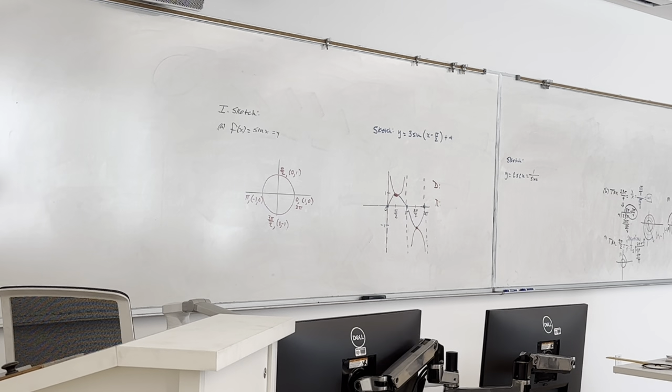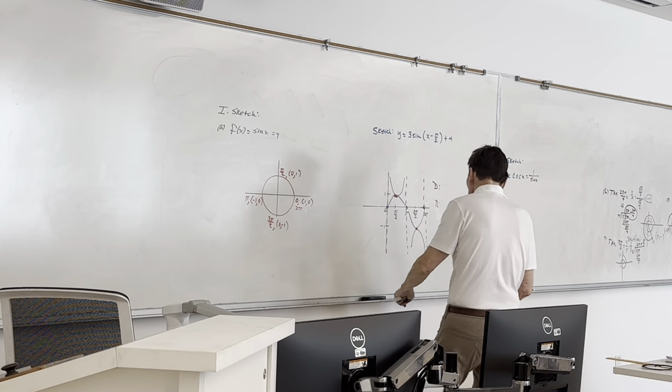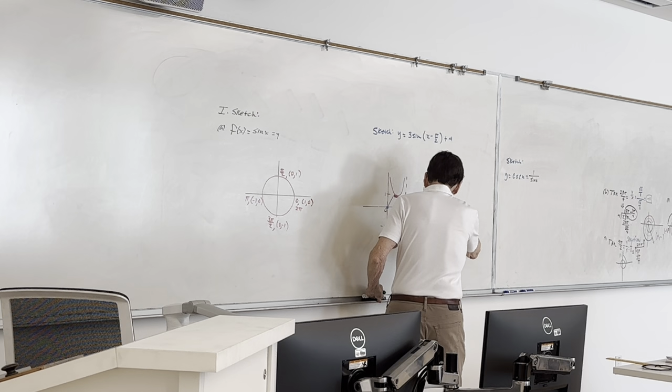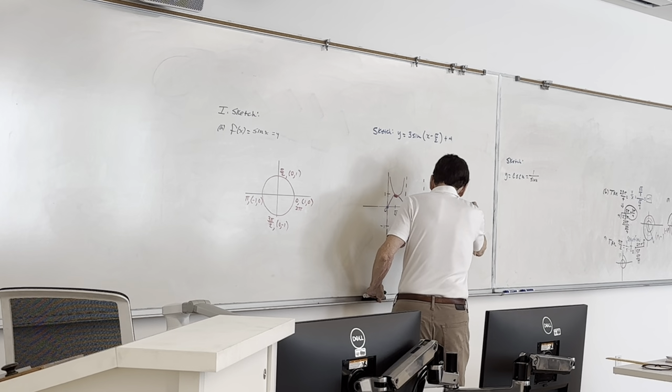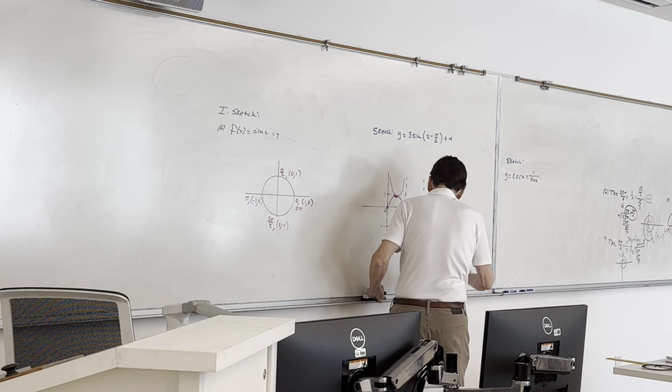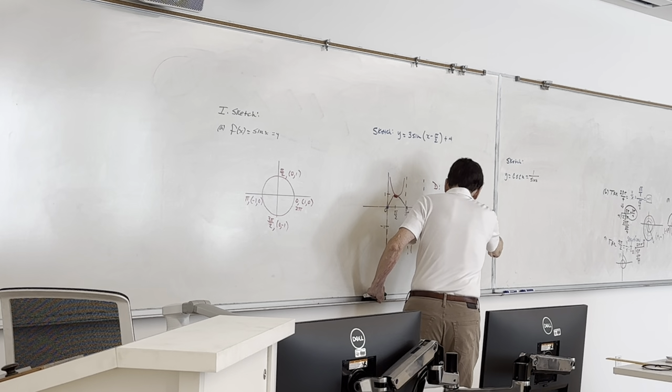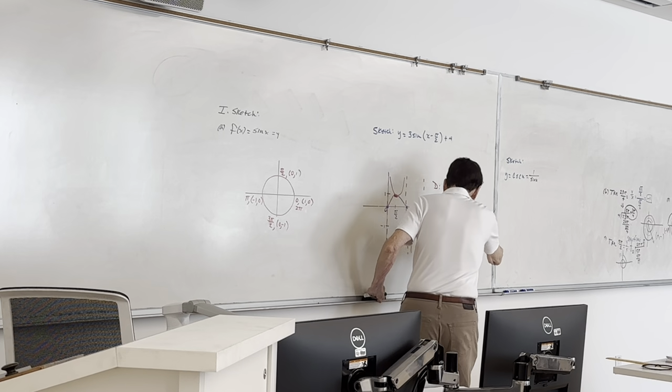How would you describe to someone the up and down on that red graph? Negative infinity up to -1, including -1, union 1 to infinity. Look at that. Perfect.